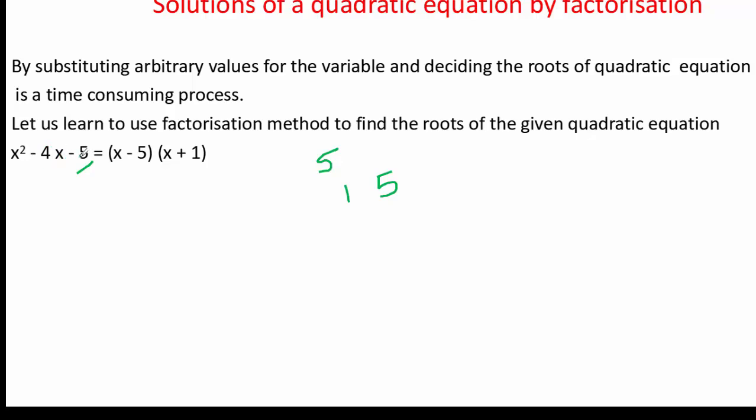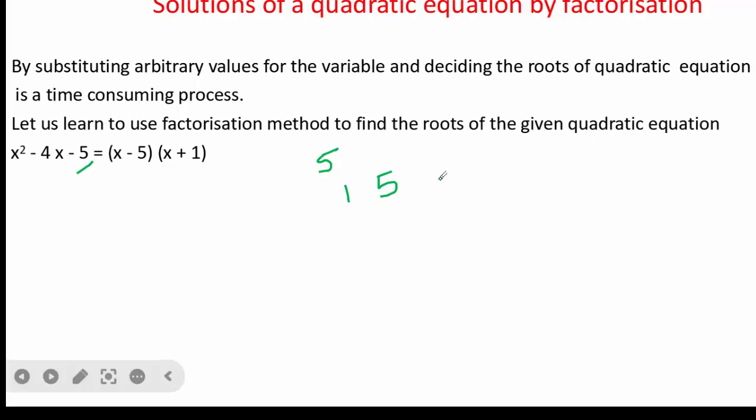And if the last term, the constant term, is minus, then factorize it in such a way that the difference of those two factors is the middle number. Here 5 can be factorized as 1 into 5 and their difference is 5 minus 1, which is 4. As we require minus 4, we shall take 1 minus 5. 1 minus 5 equal to minus 4.